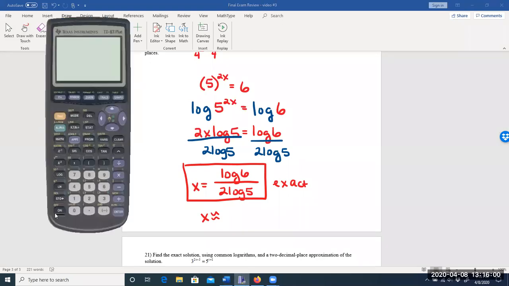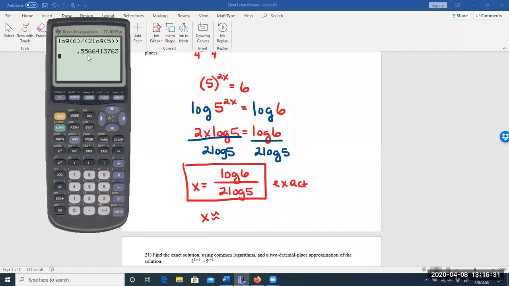I'm going to type this into my calculator. Once again, I know it's a graphing calculator, but I'm not going to use any function that you wouldn't have on your scientific calculator. I have a log button, so log of 6, close my parentheses, divided by. Now that 2 log of 5 needs to go in parentheses, or some of you have a fraction button on your calculator, which would be fine as well.